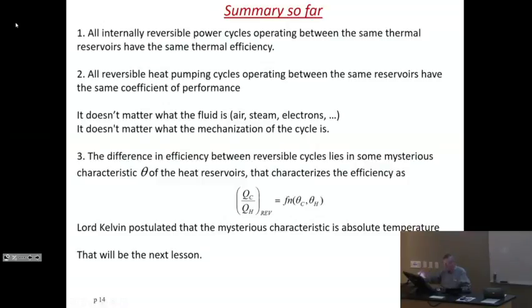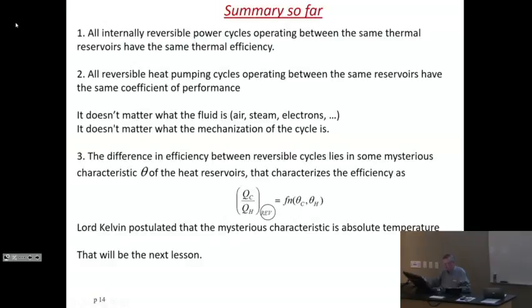So the only difference between various possible thermodynamic cycles is really the reservoir. So these reservoirs must have some mysterious characteristic theta that characterizes their heat. And that is the characterization that will uniquely determine their maximum efficiency. So we know that if we're looking at a power generation cycle, the efficiency is 1 minus QC over Q hot.